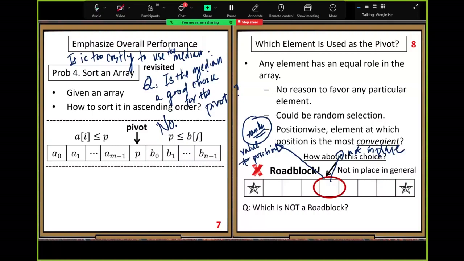Not anywhere other than the first and the last, because only the two endpoints work. If you put the pivot element in one of these two endpoint positions, it won't block any element swapping.